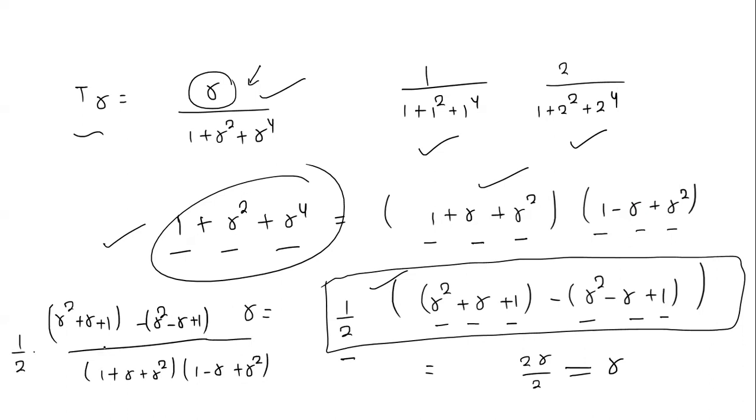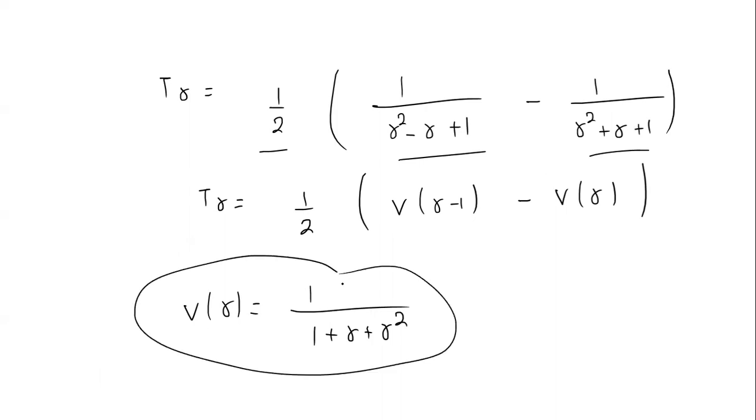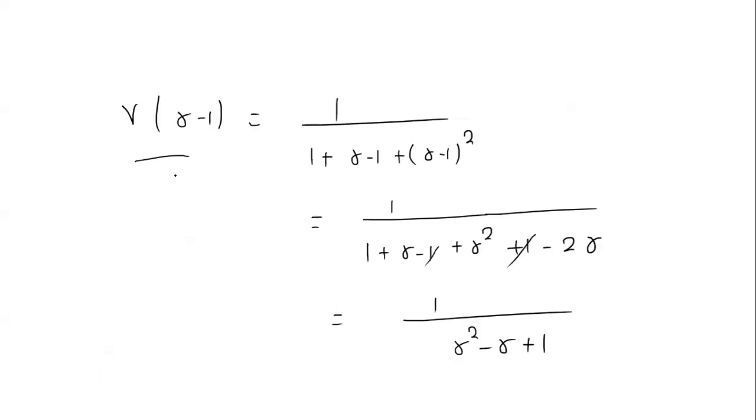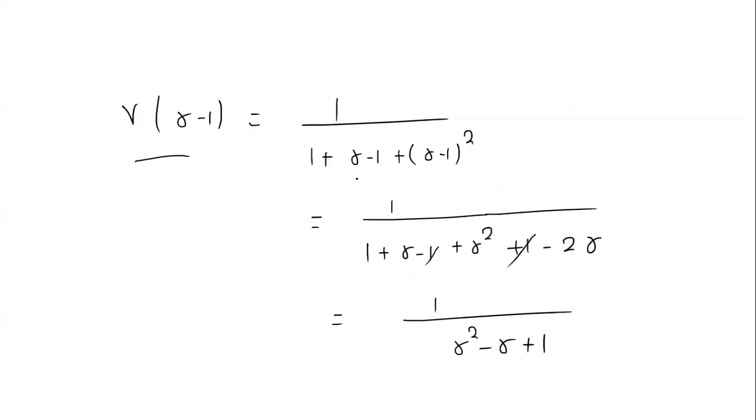If you simplify this, it will become half times 1 divided by R square minus R plus 1, minus 1 divided by R square plus R plus 1. If I denote this by V of R, let's evaluate V of R minus 1. You just replace R by R minus 1 in this. It will become like 1 plus R minus 1 plus R minus 1 whole square.